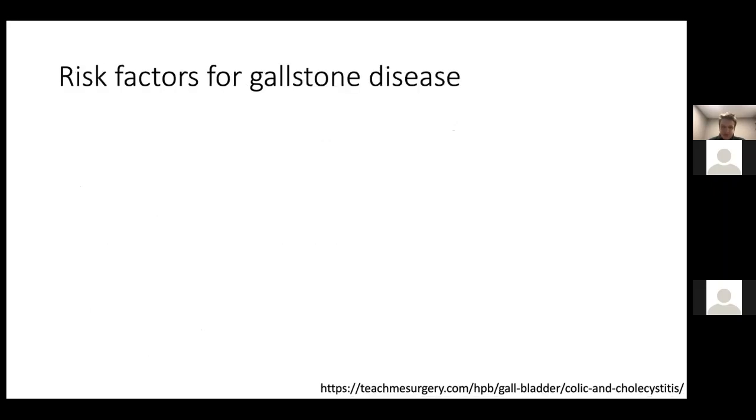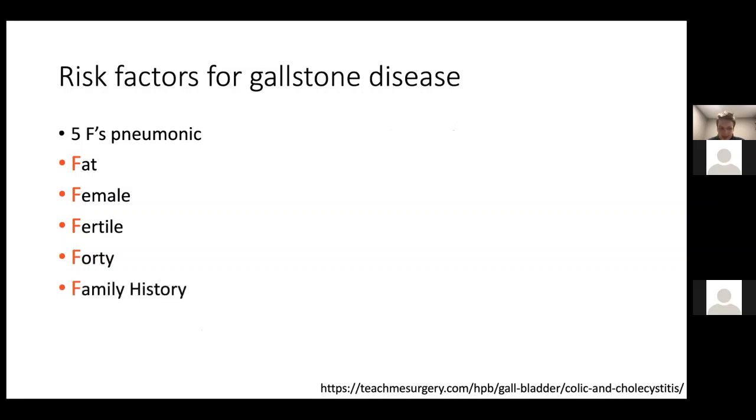Okay. So risk factors for gallstone disease. You might have heard of this acronym before, but it's the 5 Fs. So the first one is fat, female, fertile, 40, and family history. So people who carry a bit of extra fat are more at risk. Female patients are.